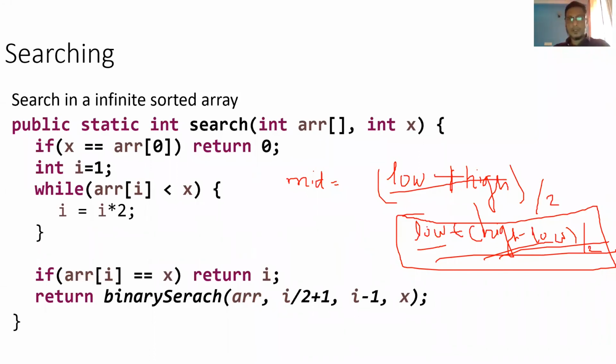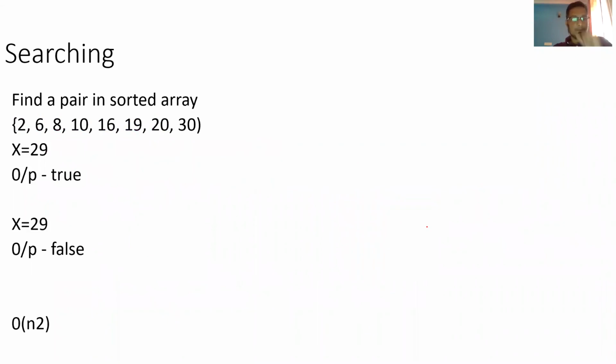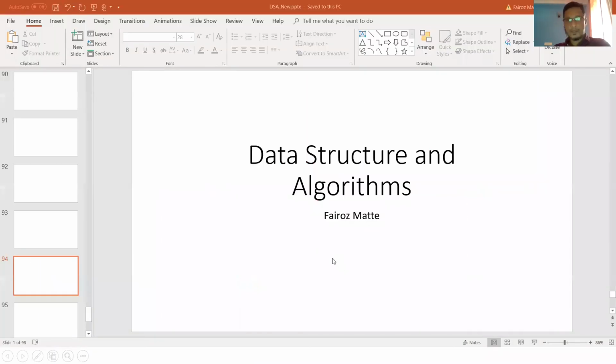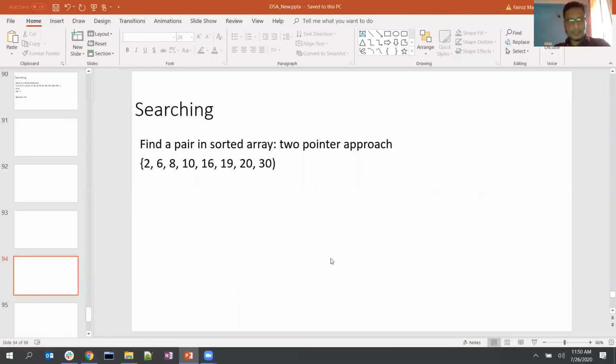So let me move to the next. Find a pair in sorted array. Do we still have time, because I don't want to cover beyond the time? I think I have some 2-3 slides.